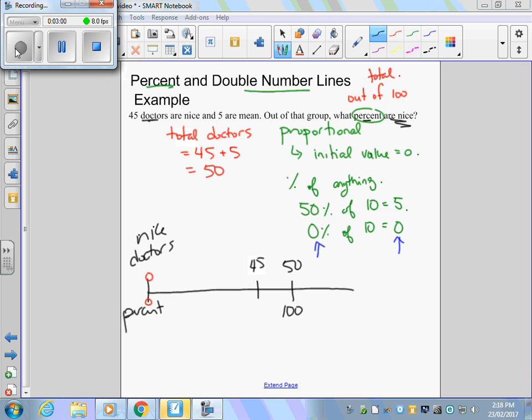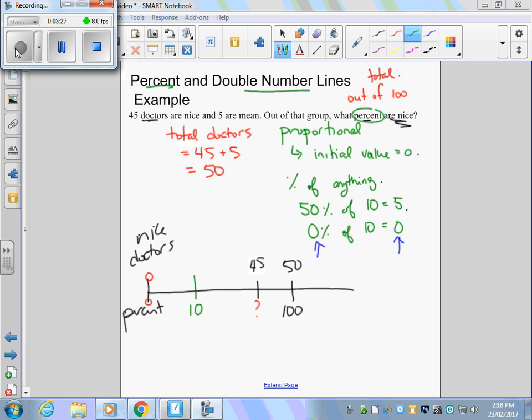So to figure out which percent is associated with the nice doctors, I have to figure out this value. You may be able to do some math that you can directly convert 50 into 45 using multiplication or division, but I'm not super at that. So I wonder if there's another way. For example, I could probably work out a smaller percentage.